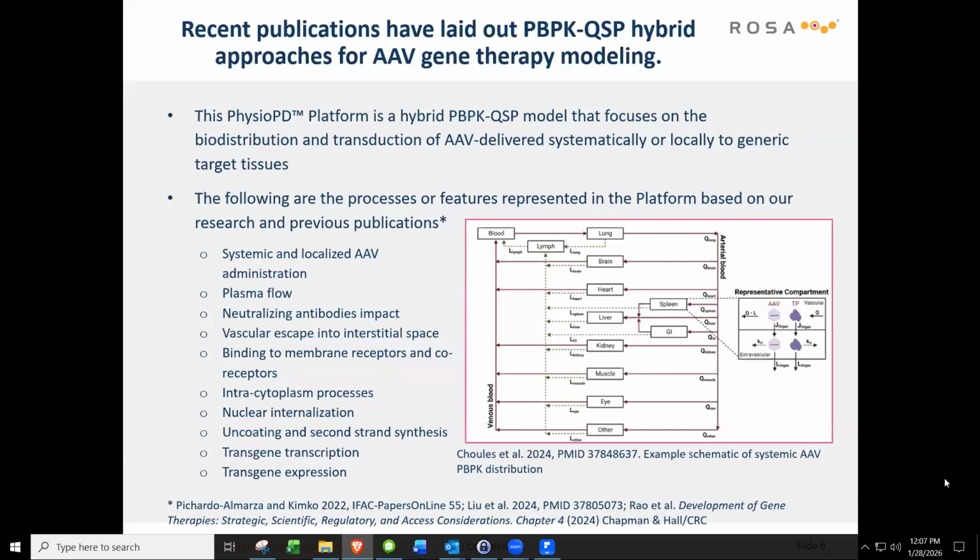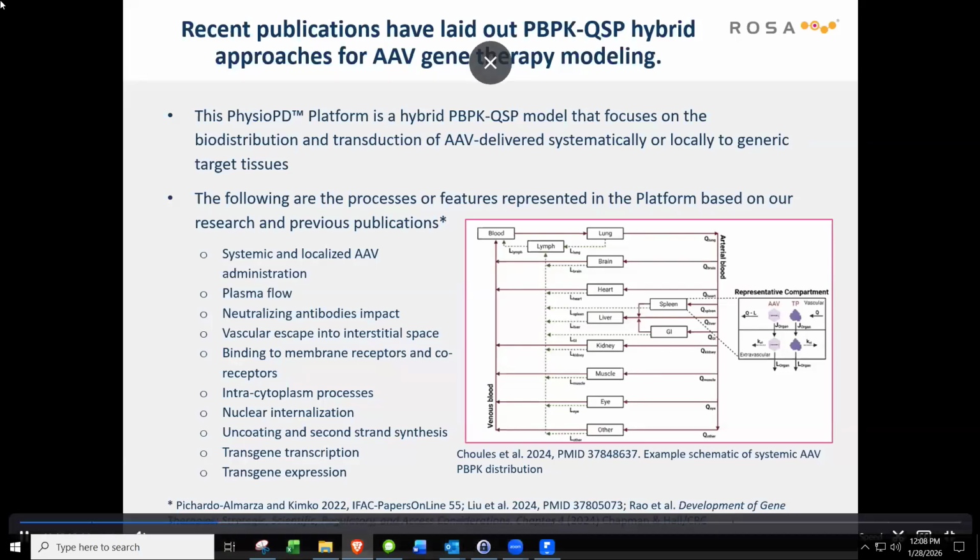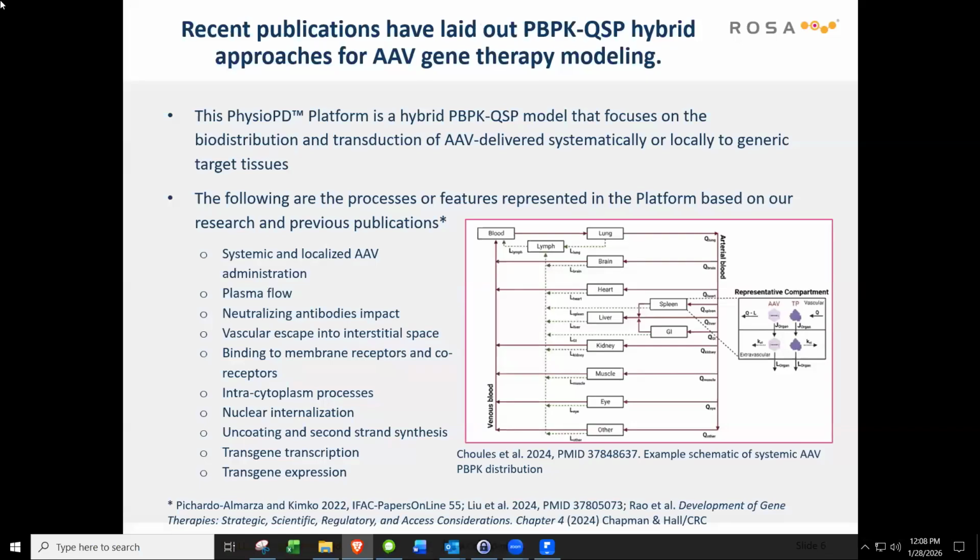We also represented plasma flow, the neutralizing antibodies impact, the vascular escape into interstitial space in tissue, the AAV binding to membrane receptors and co-receptors, because it depends on the AAV serotype. Co-receptors can be involved in the binding. Then intracytoplasm processes, nuclear internalization, uncoating and second strand synthesis, transgene transcription, and transgene expression.